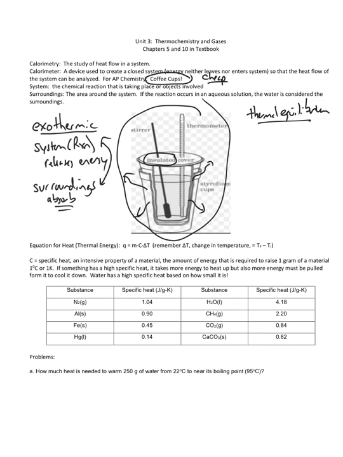And if the reaction does occur in an aqueous solution, the water is what is measured. So in a lot of these chemical reactions, if we have an aqueous reaction, we are going to measure the change in temperature of the water. The water is the surroundings. So, if the temperature of the water is going up, what does that tell me?